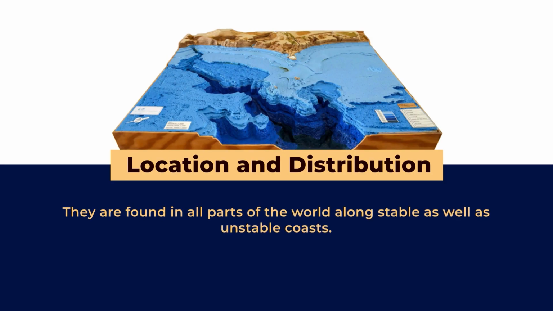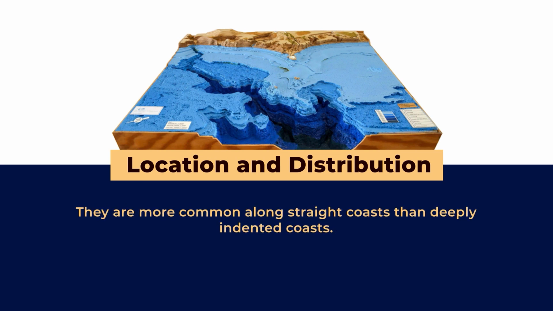They are found in all parts of the world along stable as well as unstable coasts. It means they are associated with tectonically active areas as well as tectonically dormant, passive areas. They are more common along straight coasts than along deeply indented coasts.